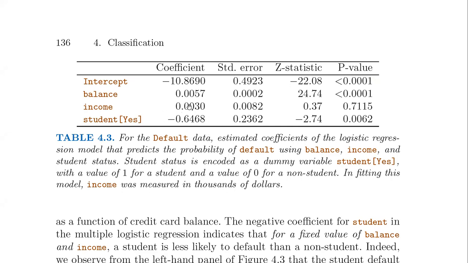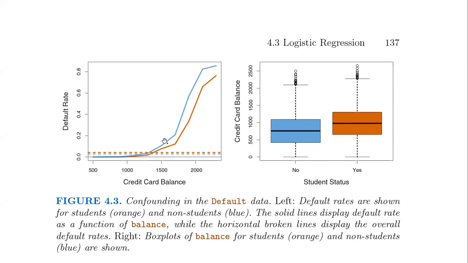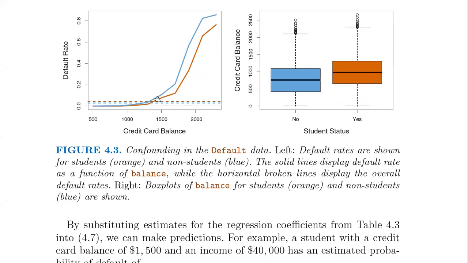Now, what's interesting is that you actually get a negative parameter for student equals yes. And this is what we discussed yesterday, that although overall, and I do encourage you to go back to yesterday's session if you'd like an in-depth explanation of all this.